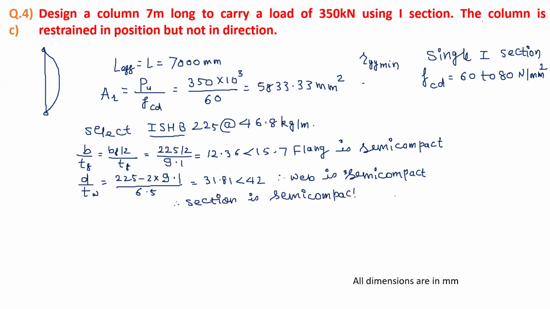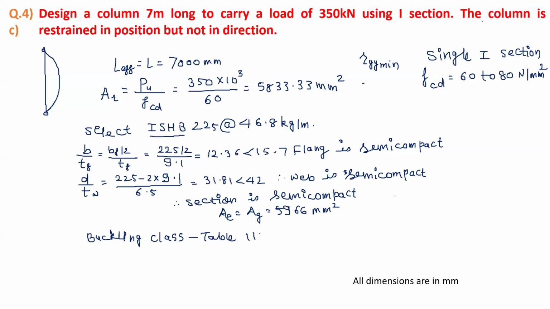And therefore AE equal to AG, we have value of AG 5966 mm square. Then we have to go for buckling class, table 11. Buckling class, table 11.